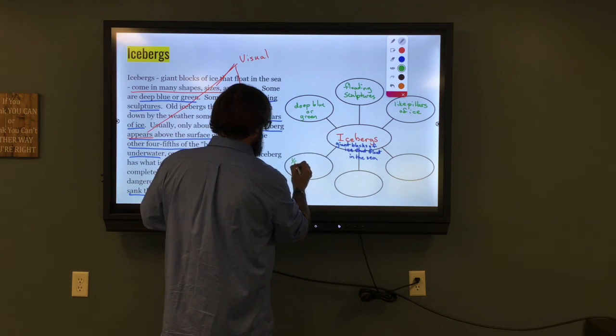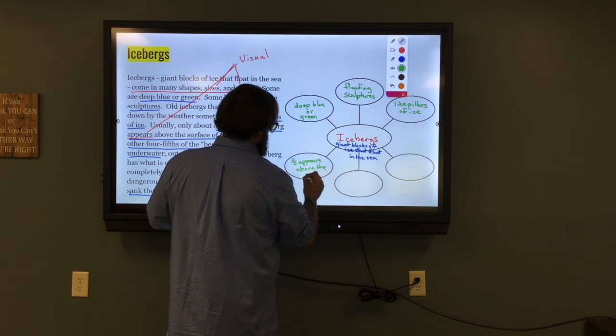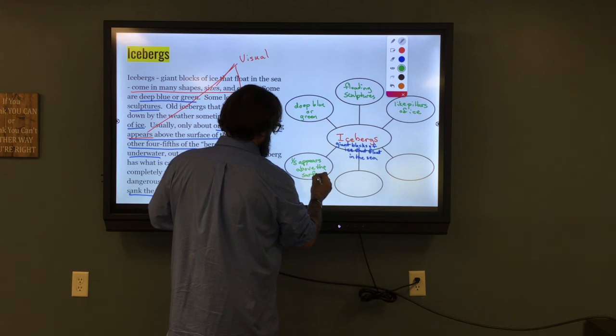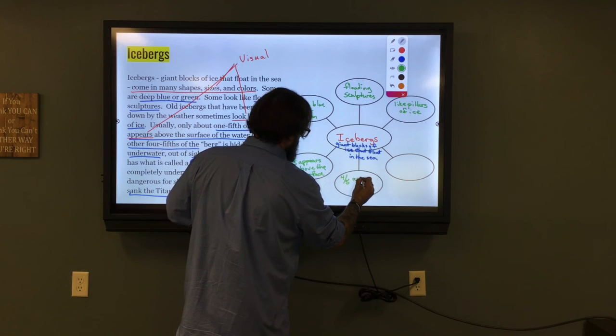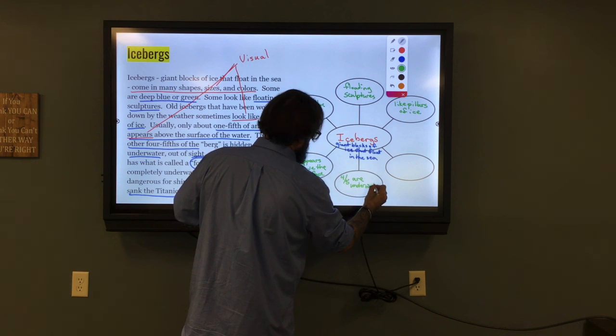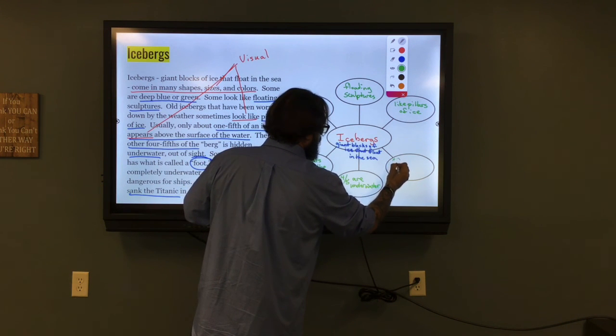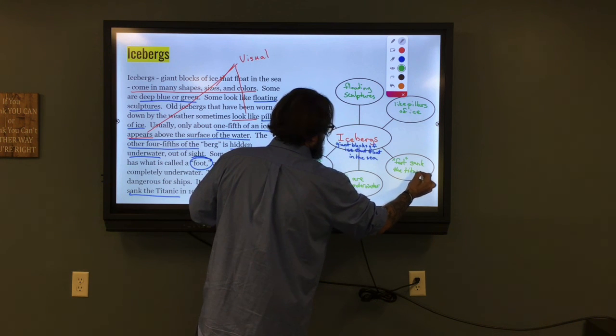And we're told that 1/5 appears above the surface of the water, and the remaining 4/5 are underwater. And then finally, the foot sank Titanic.